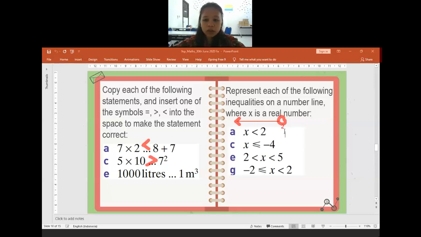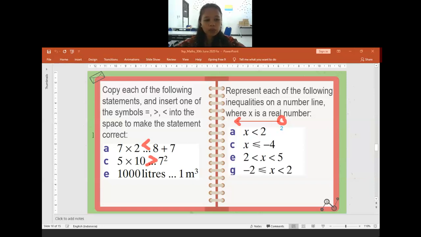Is there anyone who is confused? Sir, what is the answer for E? Oh yeah, I forgot the E. Thank you, Rahmat. For the E, 1000 liters is equal to how many cubic meters?